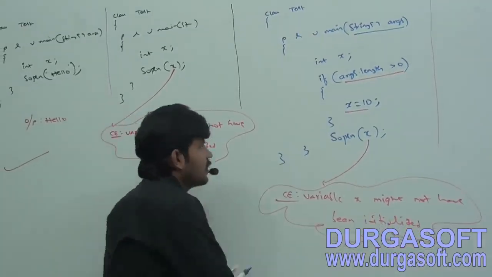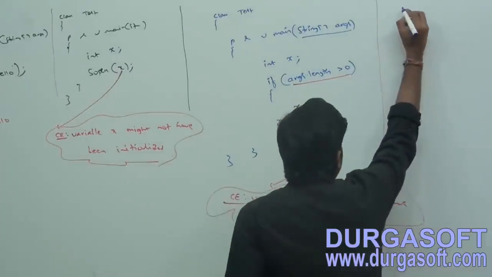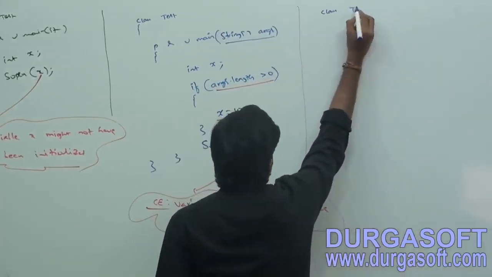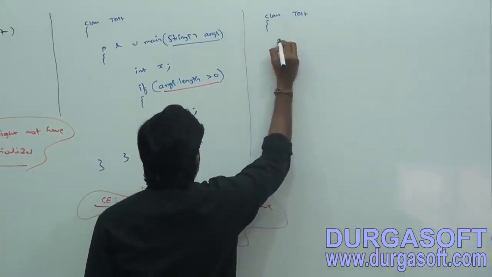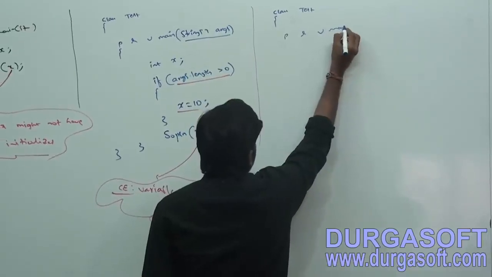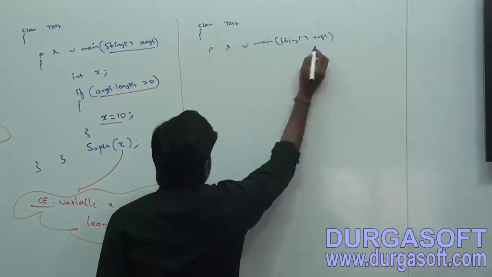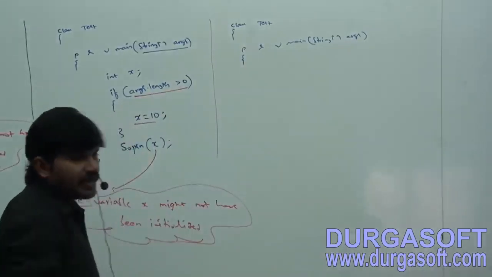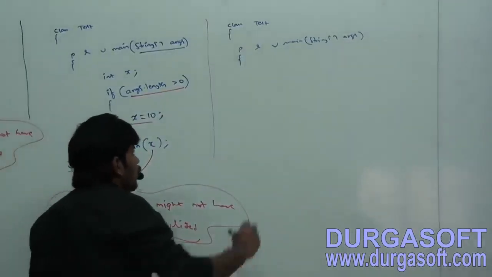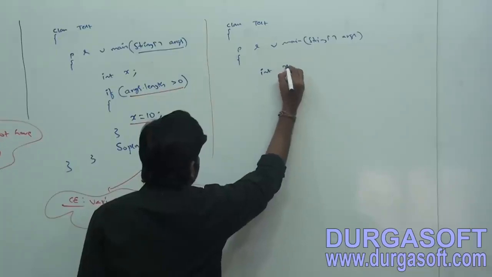What I will do here is, observe this one. Let me rewrite this code. Sir, class Test, public static void main(String[] args). Now int x.